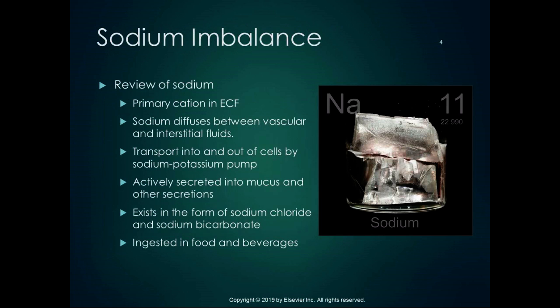So sodium, good old sodium, is the primary cation in the extracellular fluid. Sodium diffuses between vascular and interstitial fluids, and it's transported in and out of cells by a sodium-potassium pump. Normally there's more potassium inside the cell, we saw that in the first slide, and more sodium outside the cell.